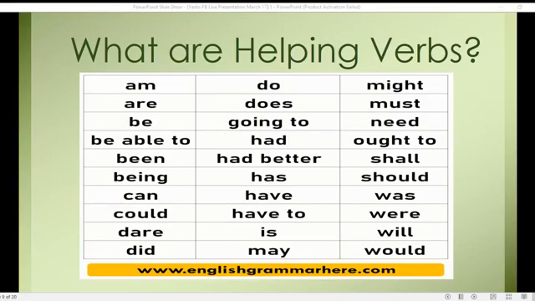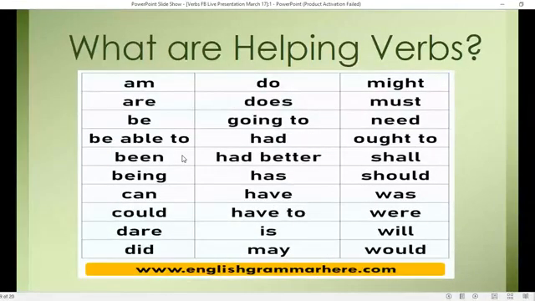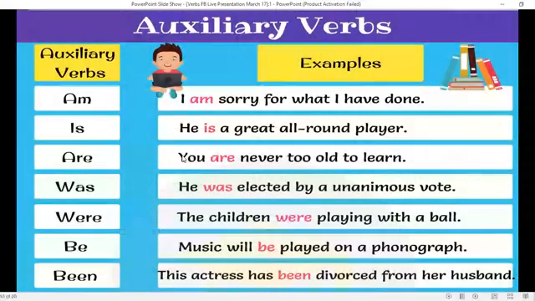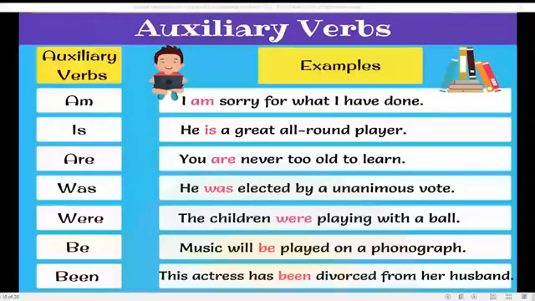Now, how can we use the following helping verbs or auxiliary verbs? These are the examples. Using am, I am sorry for what I have done. So we have to take a look at the functions of auxiliary verbs.